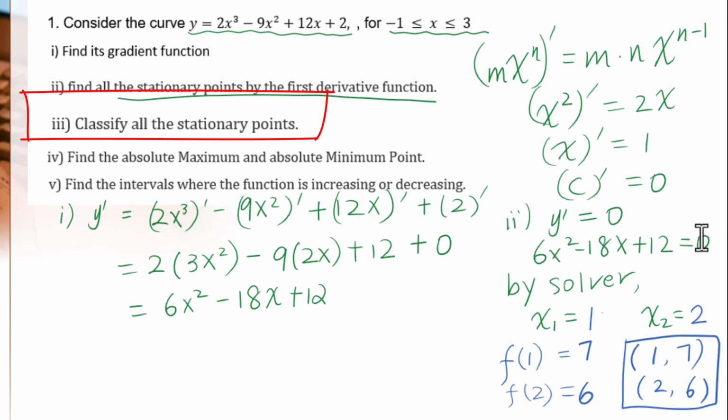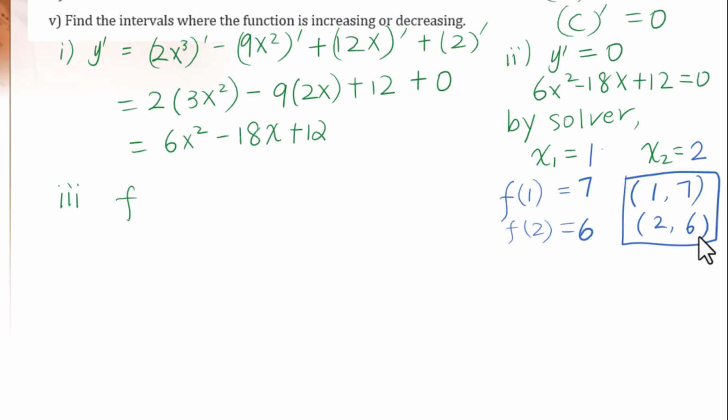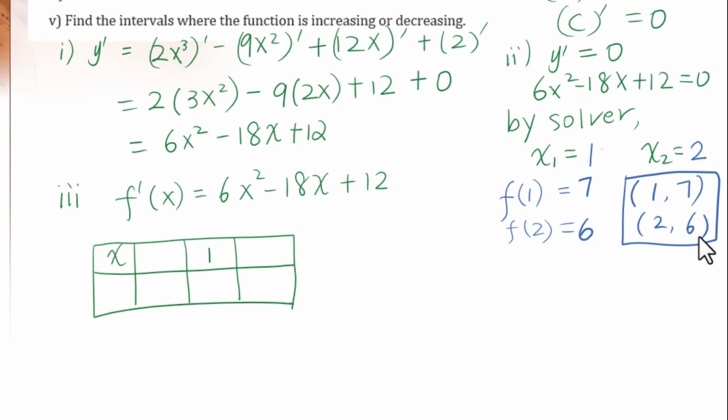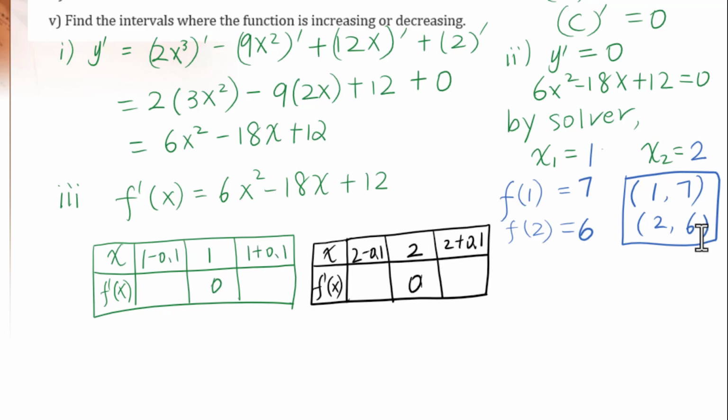Question 3. Classify all the stationary points. We know f prime of x equals 6x squared minus 18x plus 12. Let's draw the table. X and f prime of x. 1 minus 0.1, 1 plus 0.1. We will use these two tables to classify the stationary points.